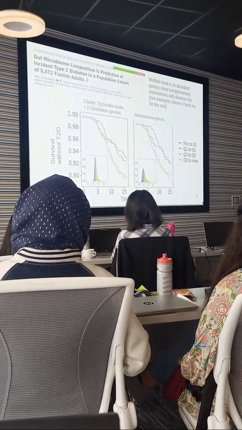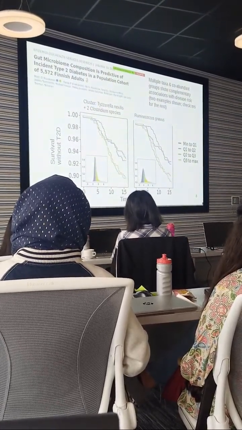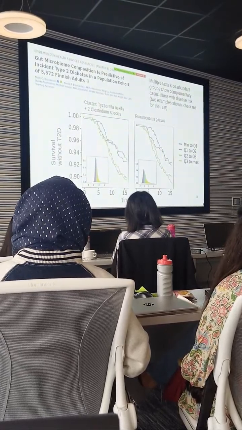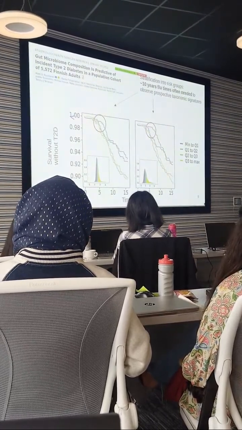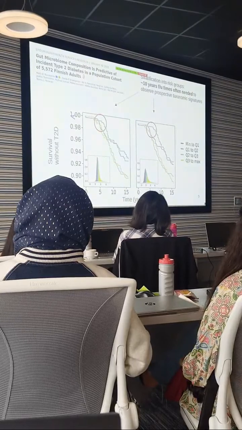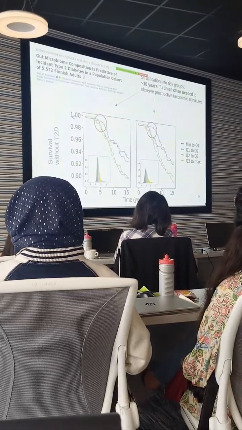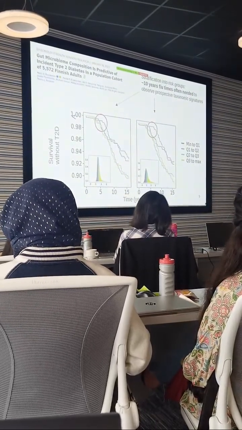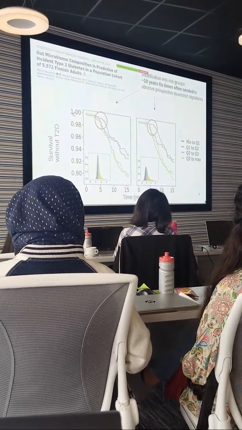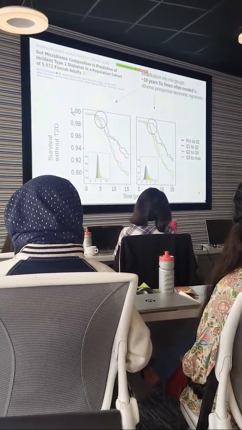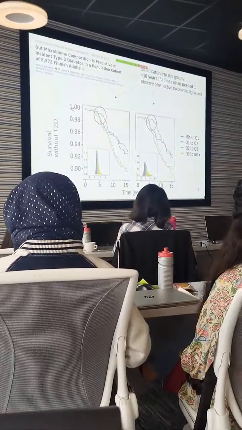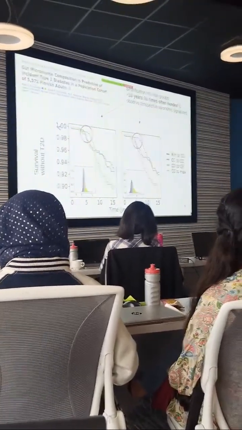And of course, then we can analyze taxa in more detail for each disease, but I'm not really going into that. One interesting association is that in most cases, we do see these associations between microbiota composition and incident disease only after 5 to 10 years.